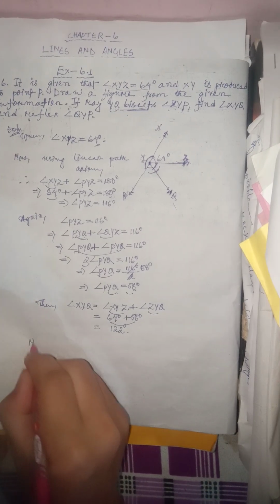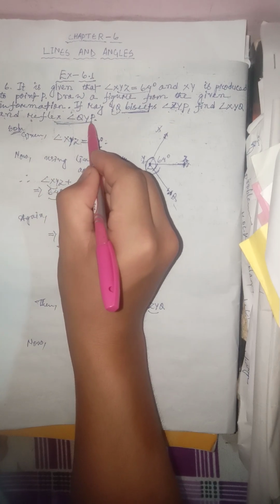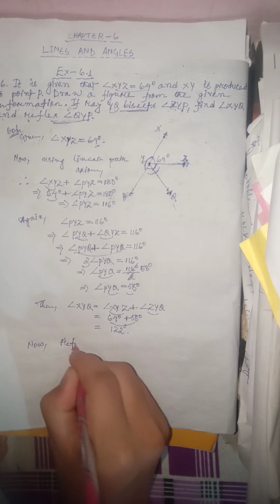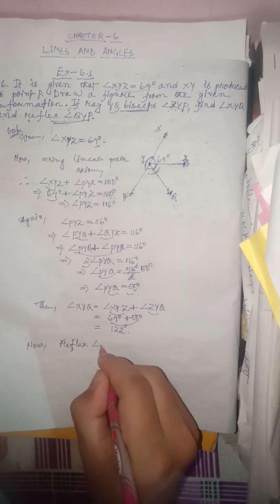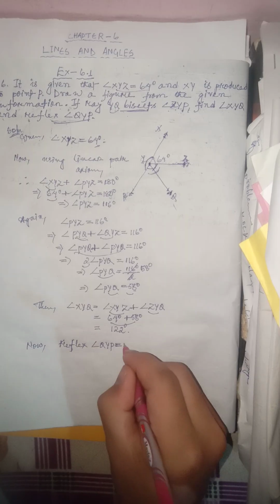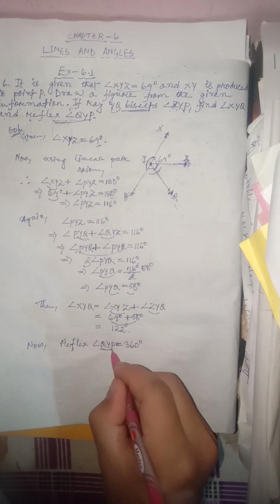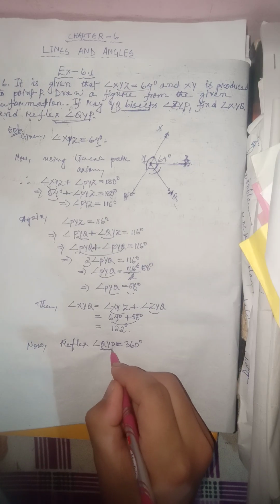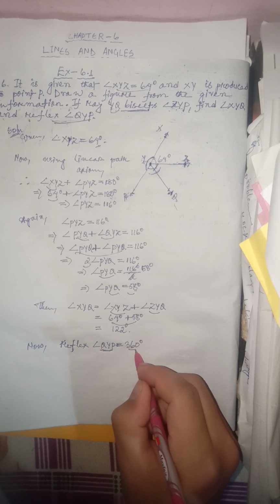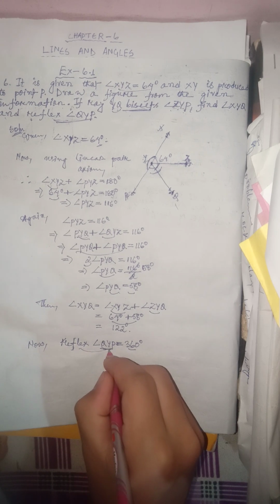And after that, at last, the main target for us is to find the value of the reflex angle, that is QYP. In order to find the value of the reflex angle, first we need to write it like this, and after that, whatever normal value that you got for QYP, you have to subtract it from 360 degrees. Whatever value you get after subtracting from 360 degrees will be the value of this reflex angle.